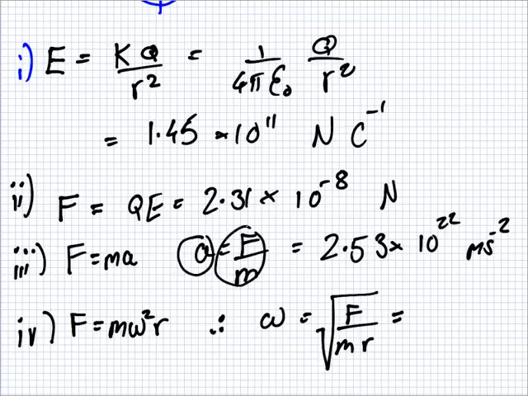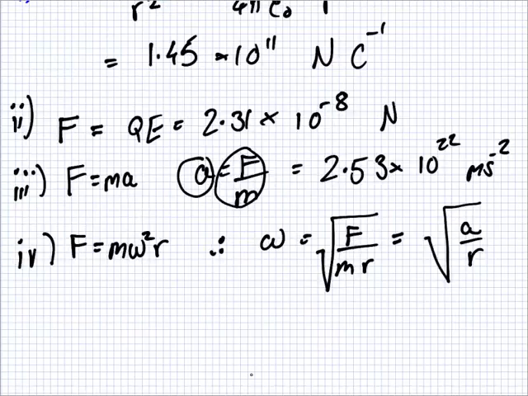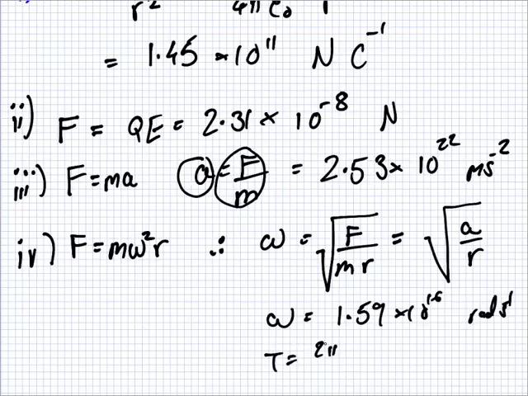F over m is a, so you could also write it like this if you want: a over r. I have my a. I'll divide by my r and I'll square root the answer. So I have omega is 1.59 times 10 to the 16 radians a second. And the time is 2 pi over omega. It's a tiny time, yeah?